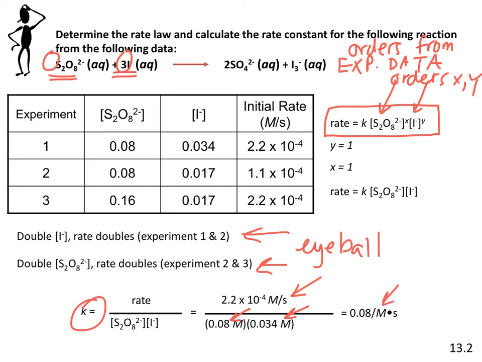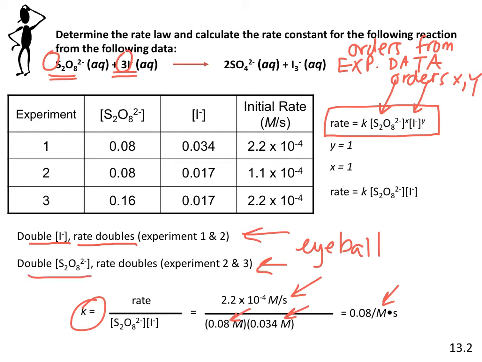So this is the same thing. All the math hasn't been shown, but it does say if you double I minus, the rate doubles, so that means it must be first order. The same thing with thiosulfate.